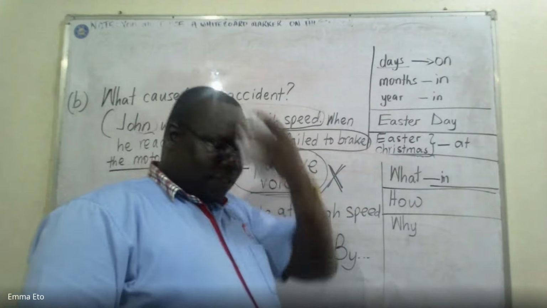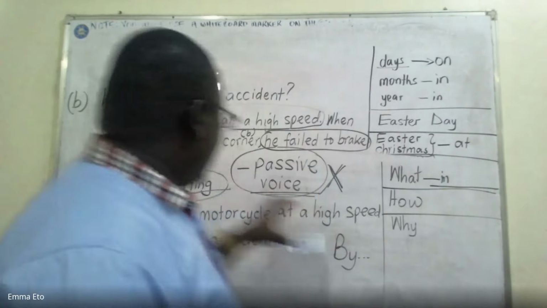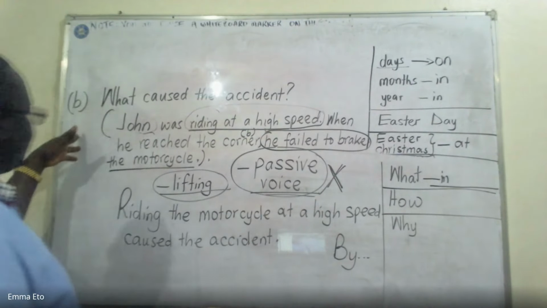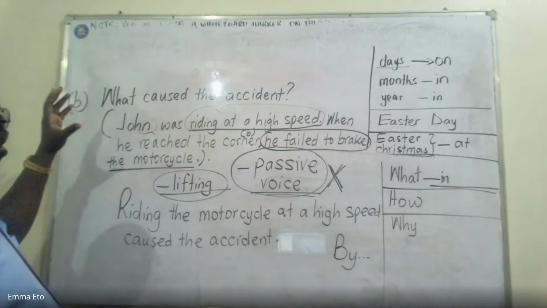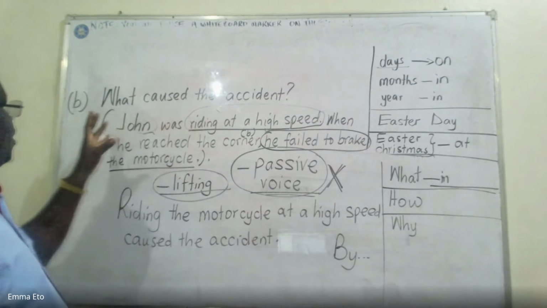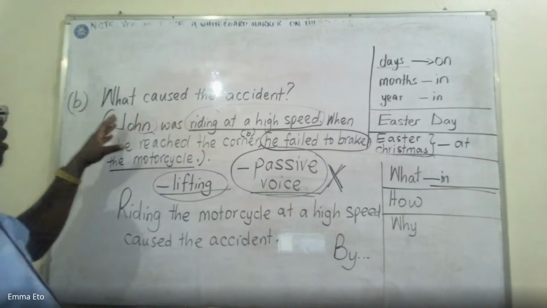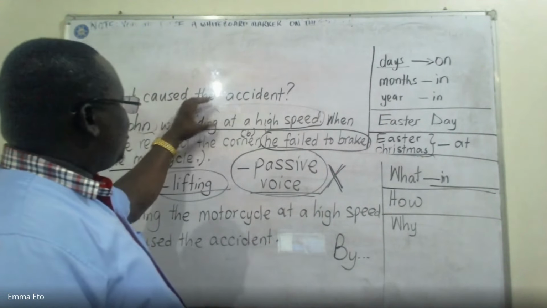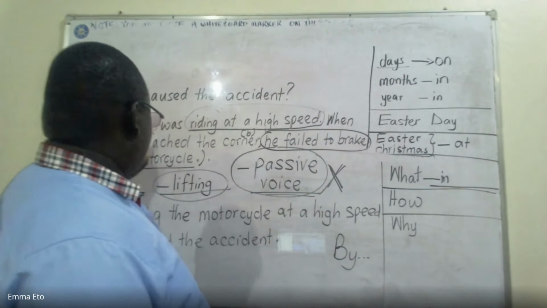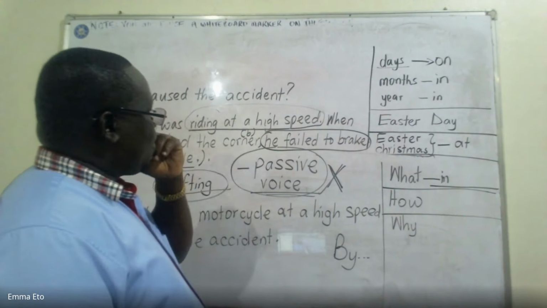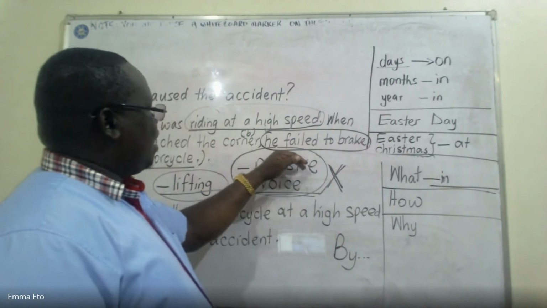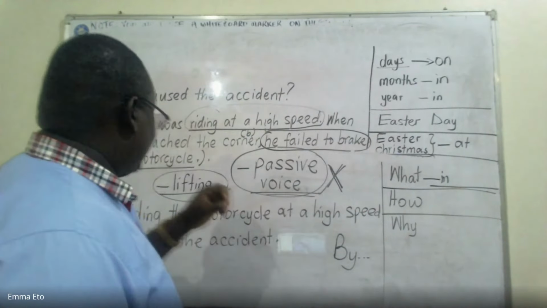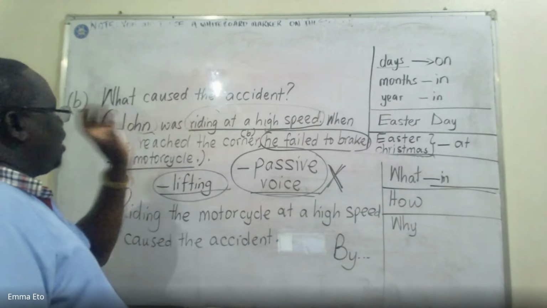For instance, if they ask, how did John get an accident? So we have the idea of riding the motorcycle at a high speed. Then maybe you can add the idea of failing to brake. So we can say, how did John get an accident?